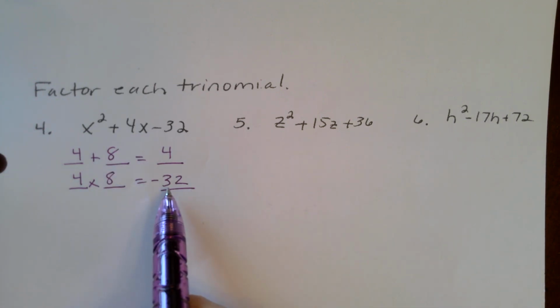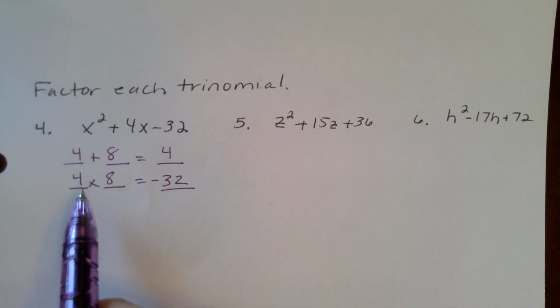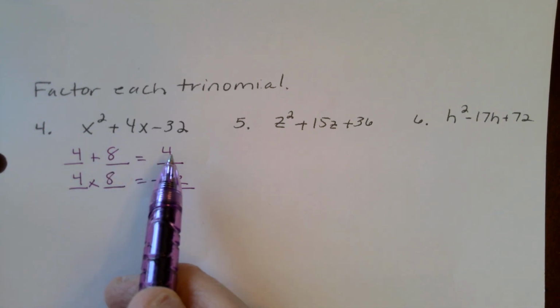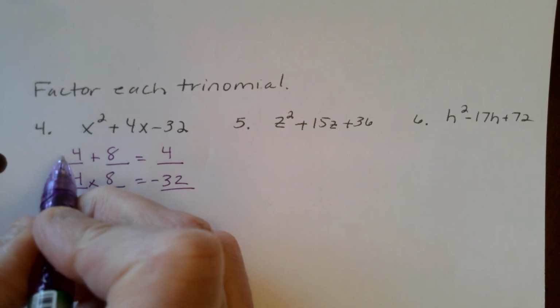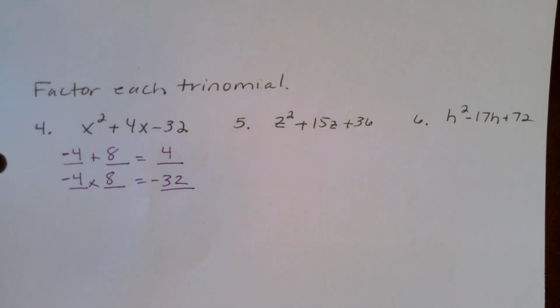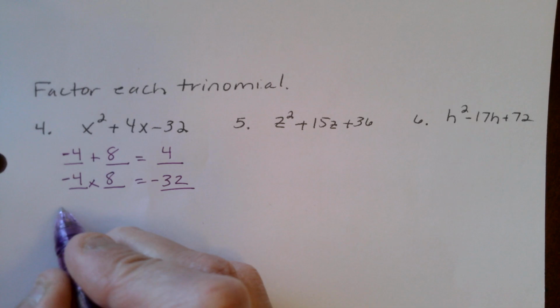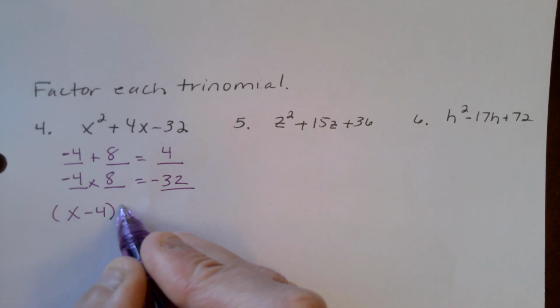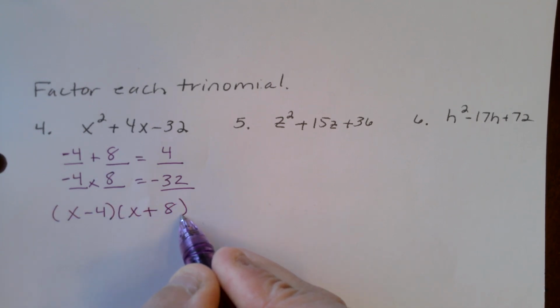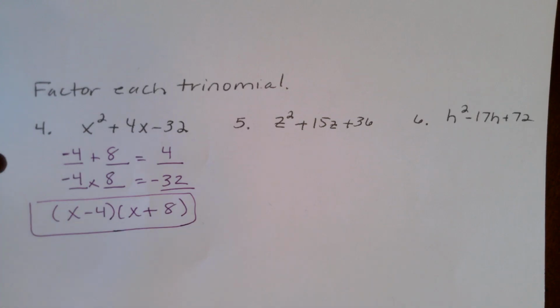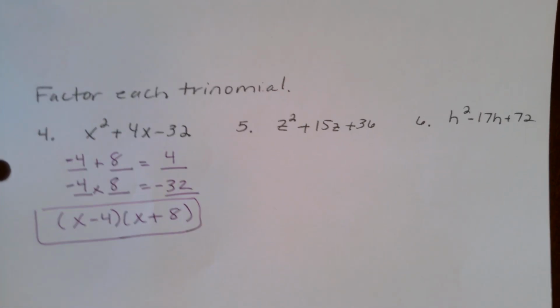But in order to get a negative here, one of these has to be negative. And in order for that to be a positive, it tells you which one. Like that. So then you can break that down into x minus 4 and x plus 8. We did that yesterday.